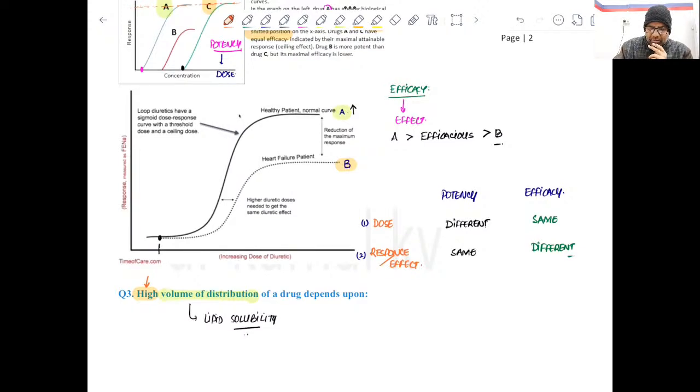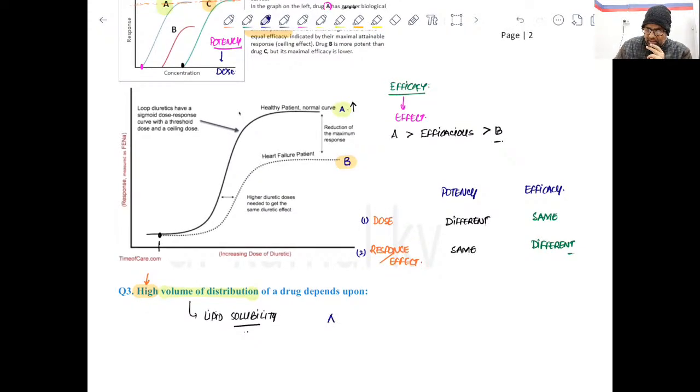Clear? And I think if you remember the mnemonic ADME, these are the 4 points which are discussed in pharmacokinetics. Clear? So this is pharmacokinetics. That is the effect of body on drug.